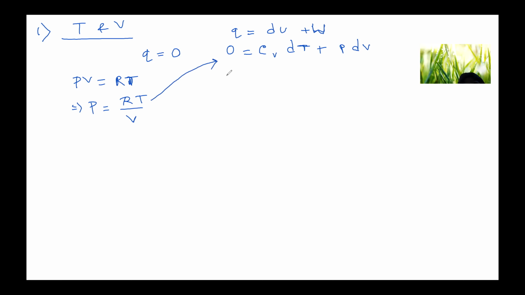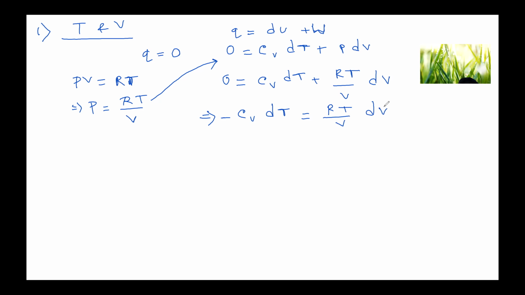So it will give us 0 equals Cv dT plus RT by V dV. Now I am transferring the terms over here. So negative Cv dT equals RT by V dV.